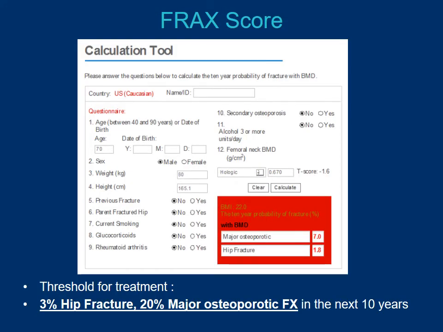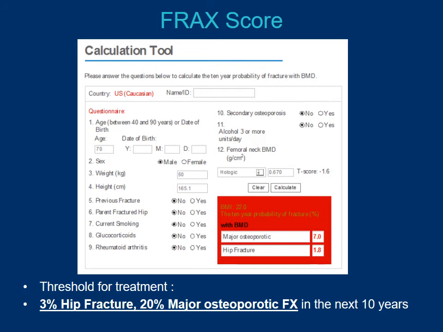Here in the picture is the FRAX score calculation tool, an application. You just fill in the spaces and answer these questions, and it will automatically calculate the fracture risk in the next 10 years, giving the major osteoporotic fracture risk and the hip fracture risk expressed as a percentage.